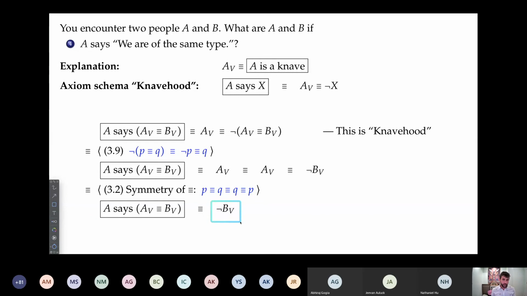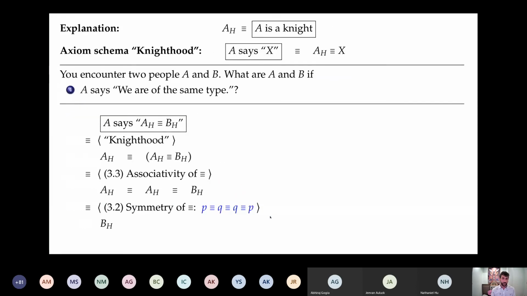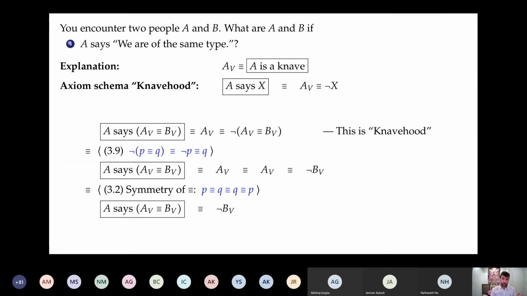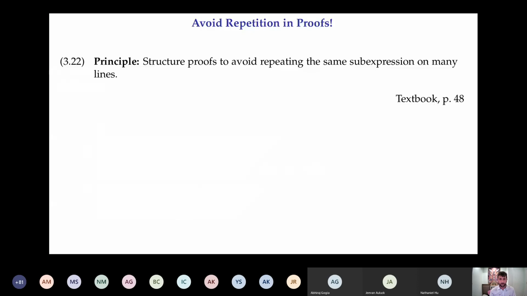But what does being not a knave mean? It means you're a knight, which is exactly what we saw a moment ago, right? So whether you choose to formalize the problem from the perspective of knighthood or knavehood is up to you. I prefer formalizing things from knighthood, right? Because then I have fewer negations to worry about. But it's important to know both perspectives, right?